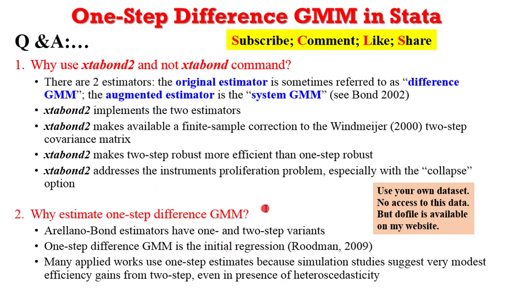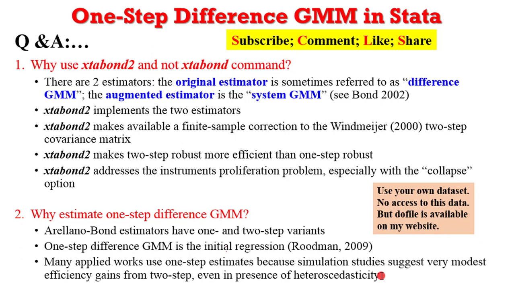The second question is, why estimate a one-step difference GMM? Know that Arellano-Bond estimators have two variants, one-step and two-step. The one-step difference GMM is the initial regression, and many applied works still use the one-step estimates because simulation studies suggest that there are very modest efficiency gains from the two-step procedure, even in the presence of heteroscedasticity.